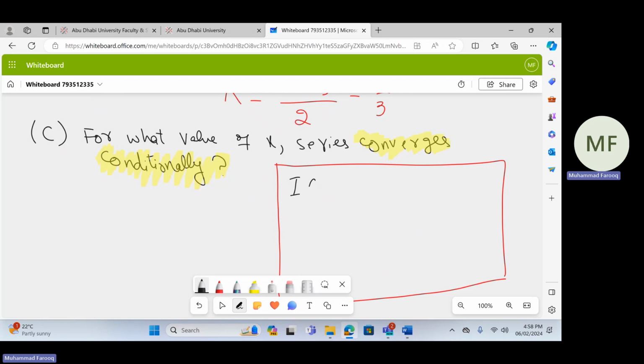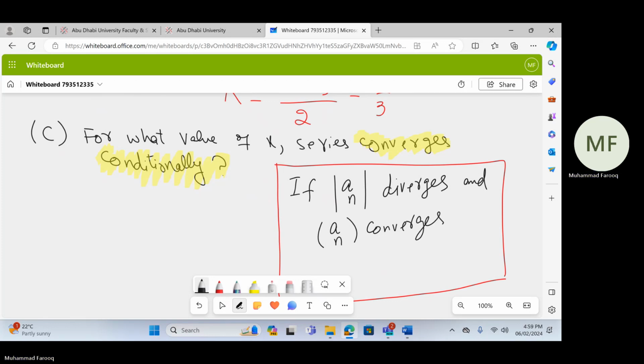If the absolute value of the series diverges, and without absolute value it converges, then the series converges conditionally.